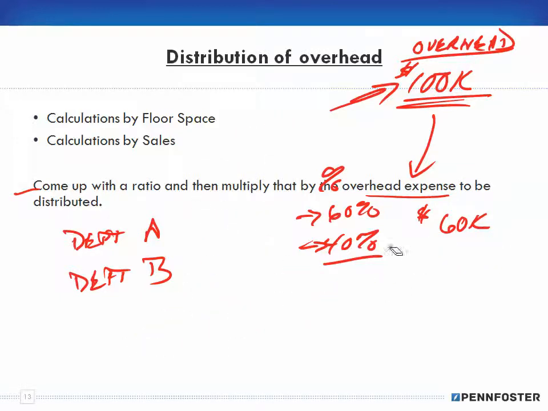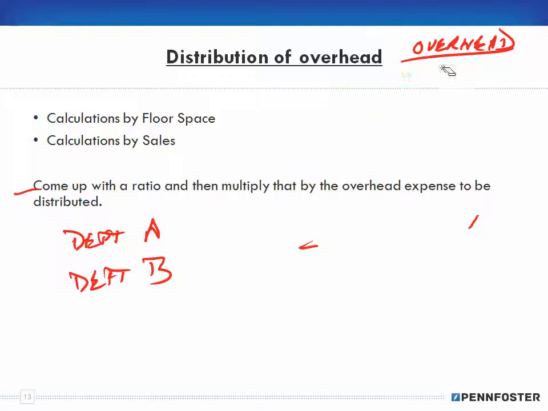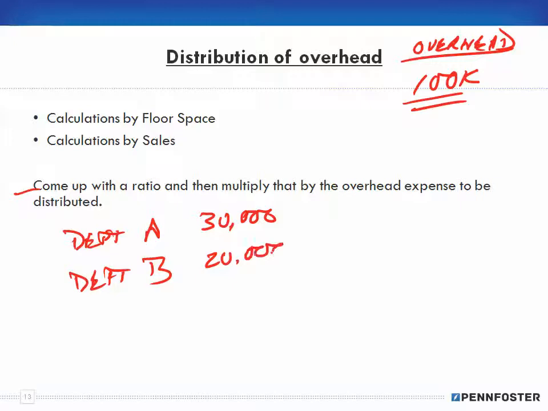But you know what? Those numbers came out too easy, and it may make it a little confusing. So let me just do another quick example here. I'm still going to call my overhead cost 100,000, but for department A, let's say I'm talking about 30,000 square feet, and department B, 20,000 square feet. So that's 50,000 square feet total, right?